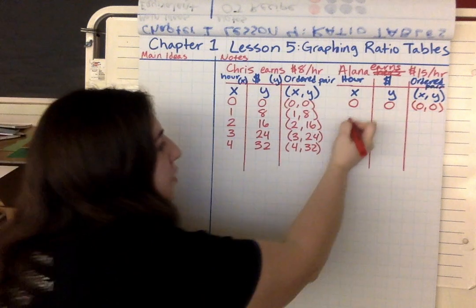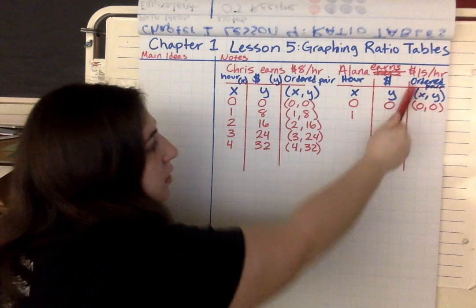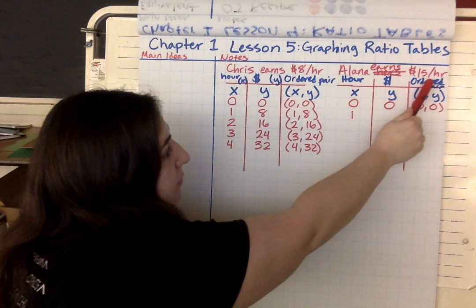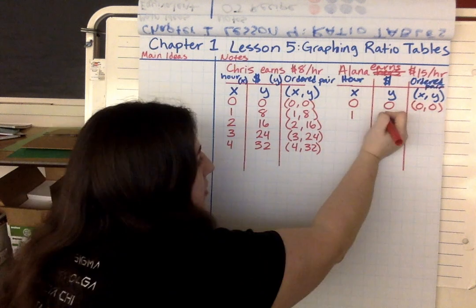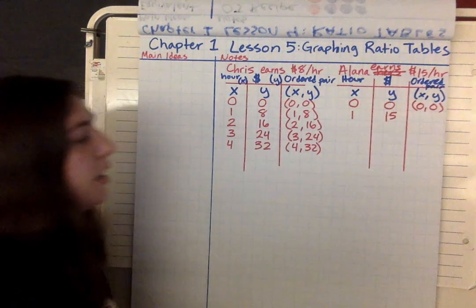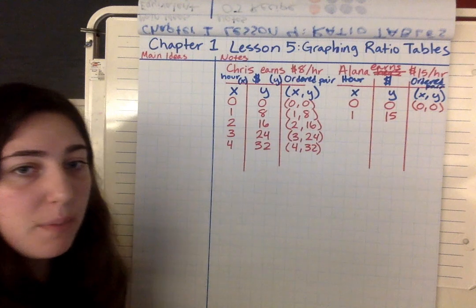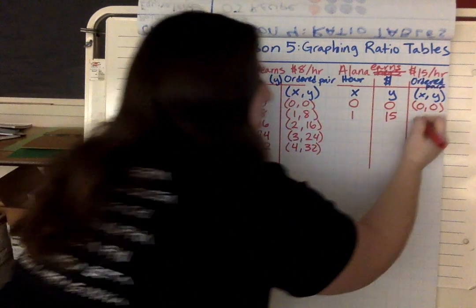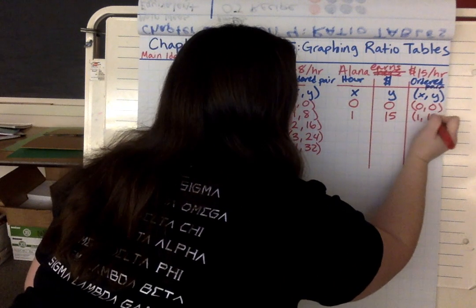Now if she works 1 hour, for every hour, she's going to make $15. I'm going to put 15 here, and then my ordered pair is going to be X, Y, so it's going to be (1, 15).